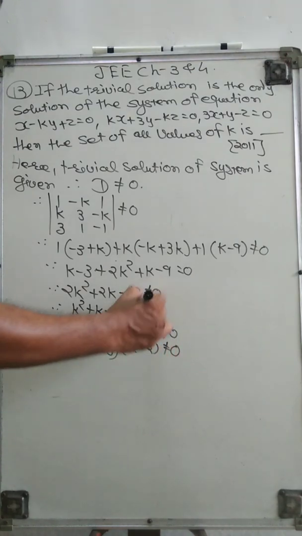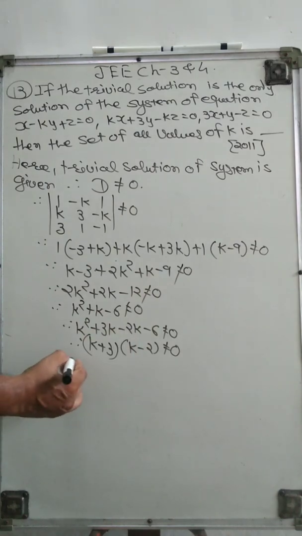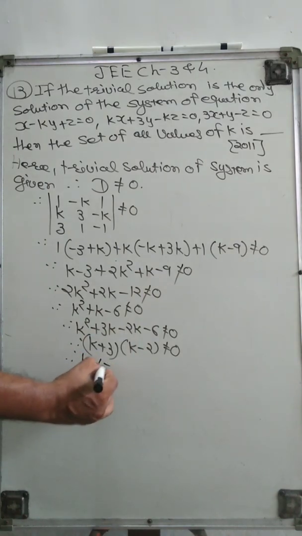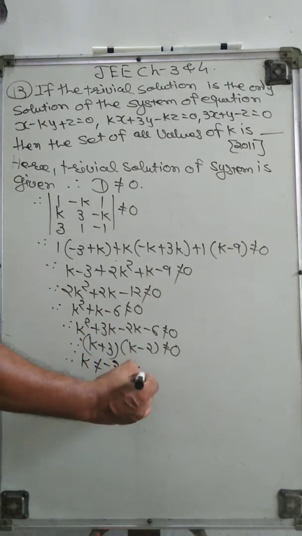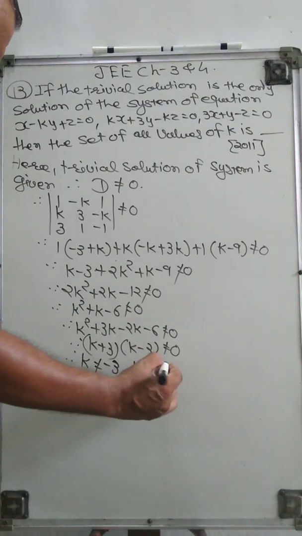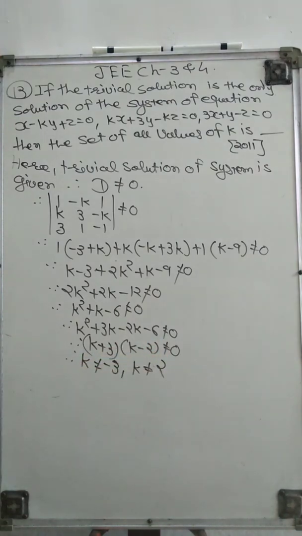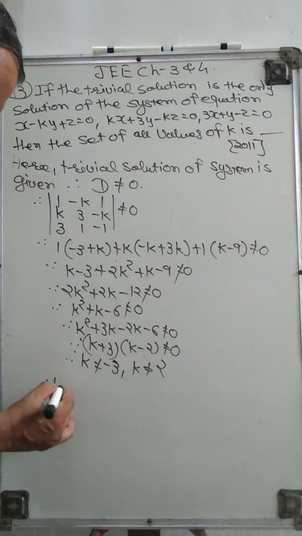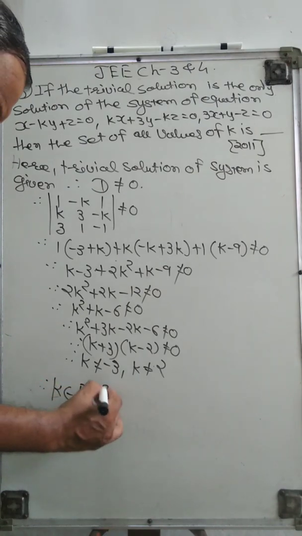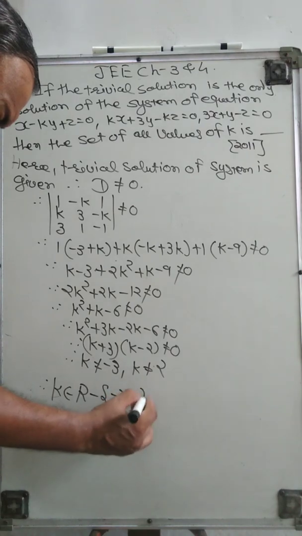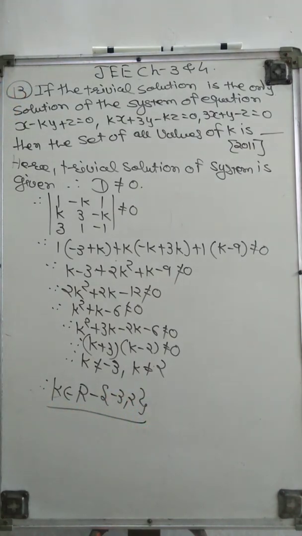Therefore k is not equal to minus 3 and k is not equal to 2. So in the real value set these two values will be omitted. Therefore k belongs to R minus minus 3 and 2. So this is the value of k, or this is the set.